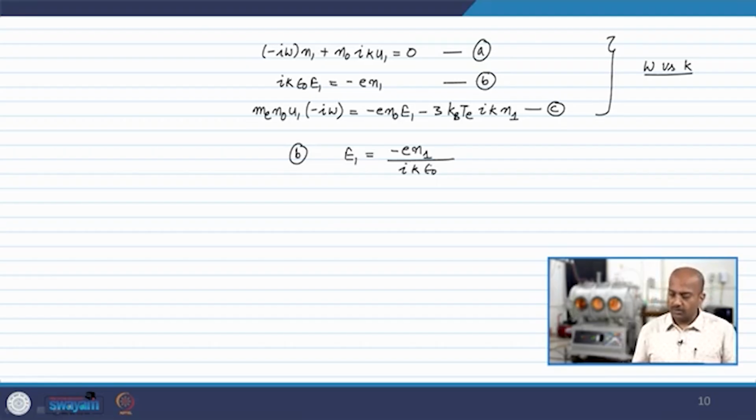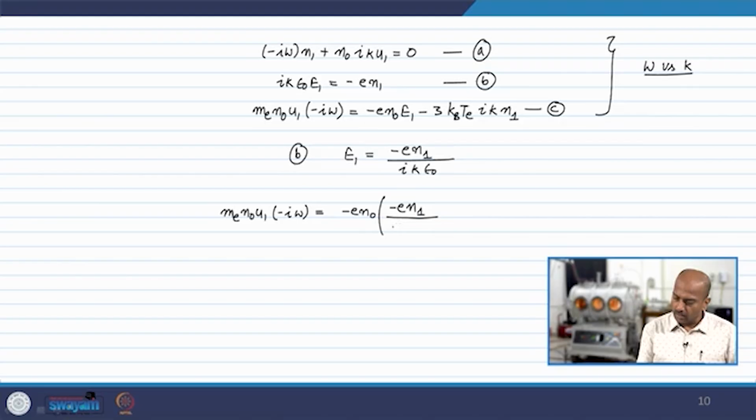Substituting this in equation C, we will get me n0 u1 (minus iω) is equal to minus e n0 times minus e n1 divided by i k epsilon naught, minus 3 kB Te i k n1.